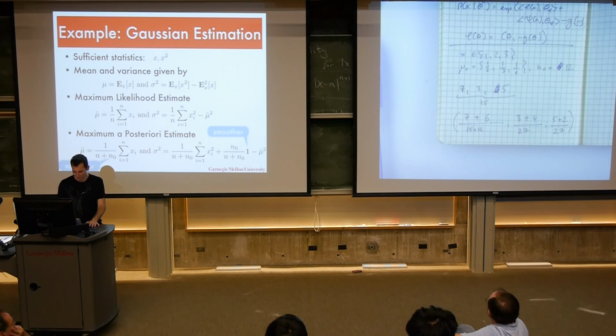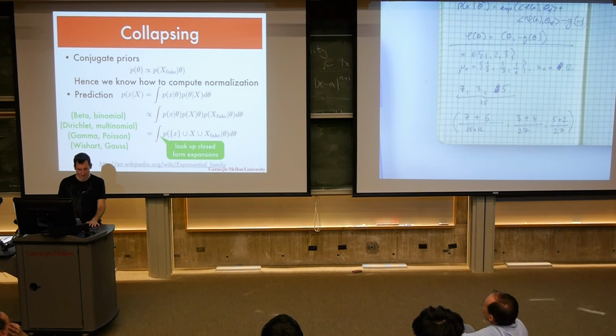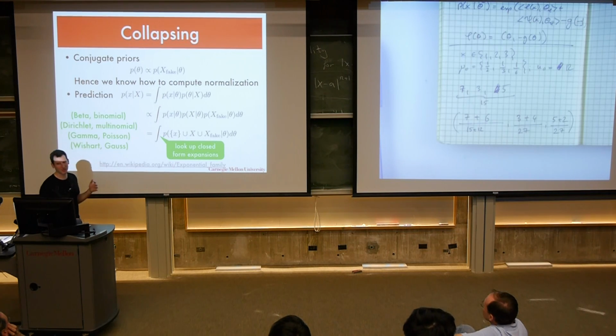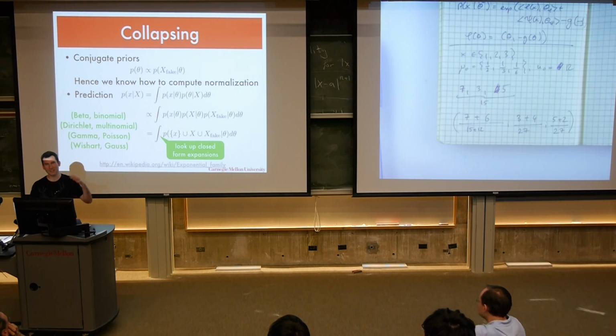Now, a really useful thing about conjugate priors is that they let you collapse out distributions. So about 10 years ago, you could have written probably about half a dozen papers on a collapsed something method for something.